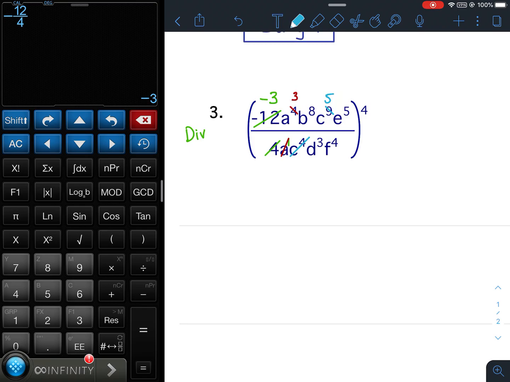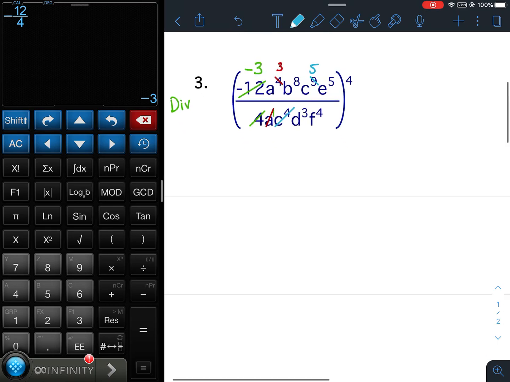So after you divide, you should always rewrite. So on top, I have negative 3, a to the 3rd, b to the 8th, c to the 5th, e to the 5th.